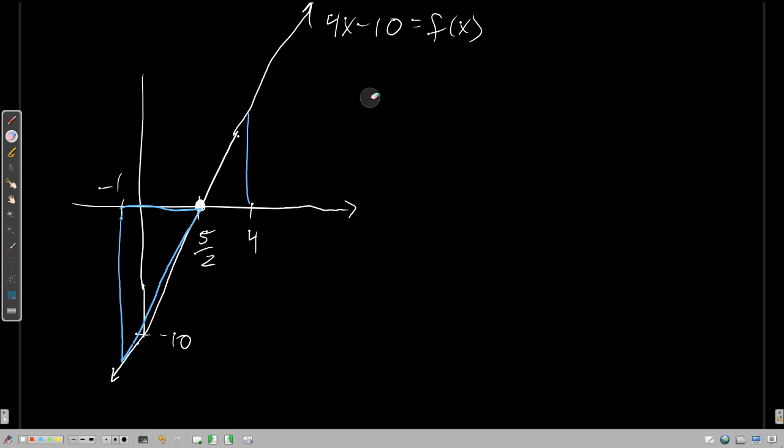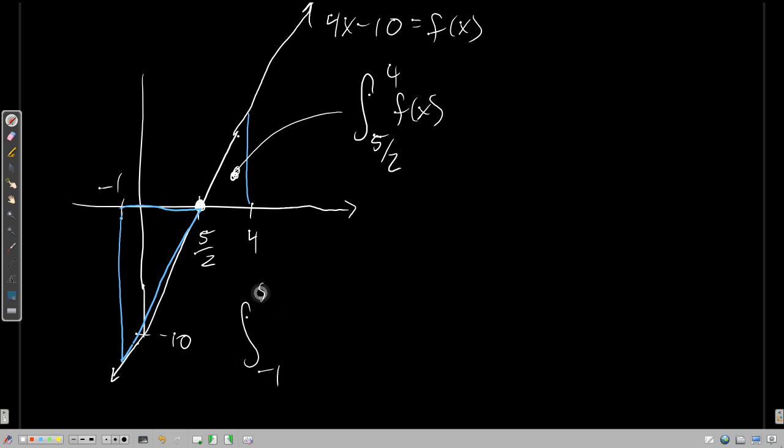I can integrate from 5 halves to 4 of our function, and it would give me this piece. If I integrated from -1 to 5/2 of our function, it would give me a negative number, a number whose absolute value is that area.